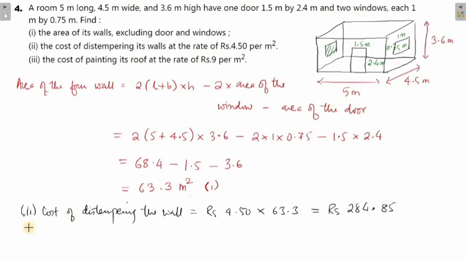Now number 3 is the cost of painting its roof. For finding the cost of painting the roof, first we'll find the area of the roof. So the cost of painting the roof will be, it is given rupees 9 into the area of the roof.